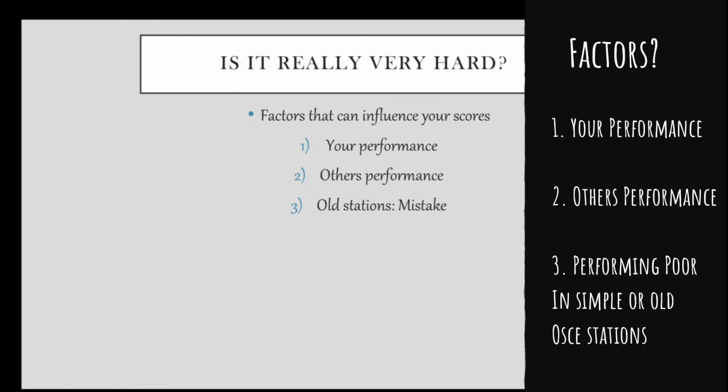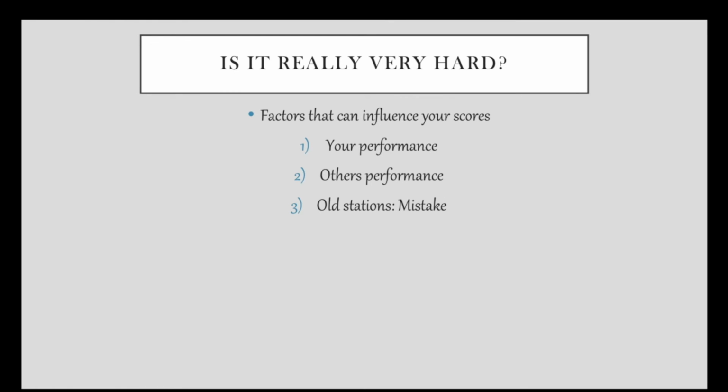One very important thing to understand is that if there are old stations, I mean the OSCE scenarios that you know, for example, very common scenarios like MI, pneumonia, pericarditis, back pain, BPH with a UTI, such scenarios, if you make a blunder mistake, or if you are not able to reach a diagnosis in simple stations, others are definitely going to perform really, really well.